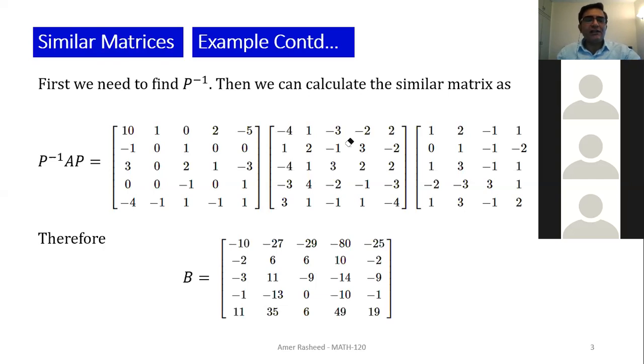They are not equivalent matrices. We cannot get equal entries of A and B. Similar matrices is a different concept than equivalent or equal matrices. Why we are discussing similar matrices, and why they are important, we'll discuss on the next slide.